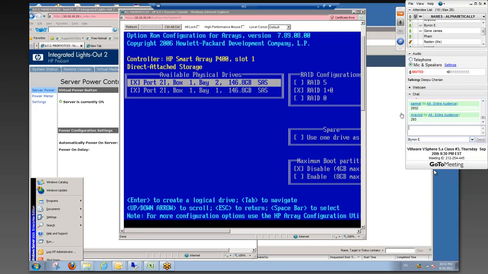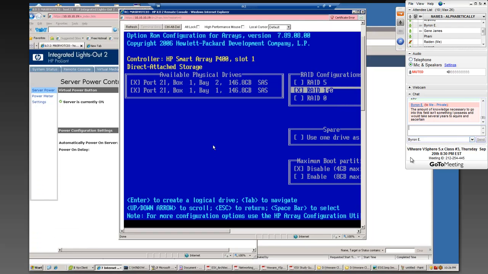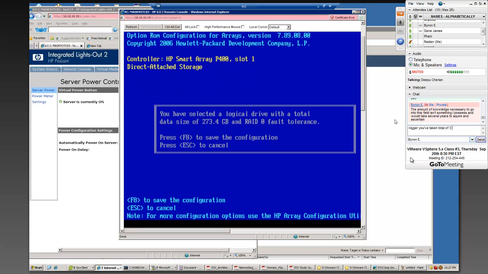So if you are using RAID 0, that means it should be the sum of these two, correct? Then it should be showing 293 GB here, but it is showing only 273 GB. Why is that? I'm supposed to see 293 GB. Why is it showing only 273?